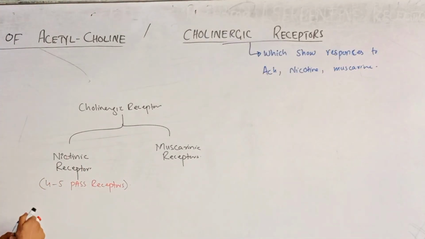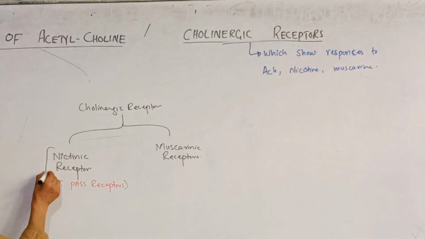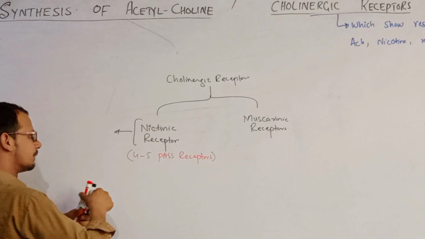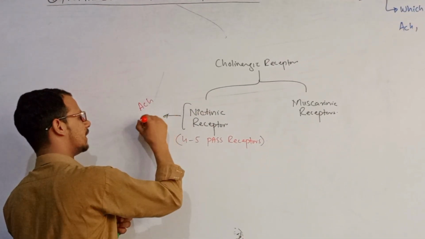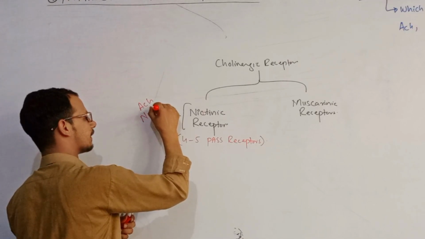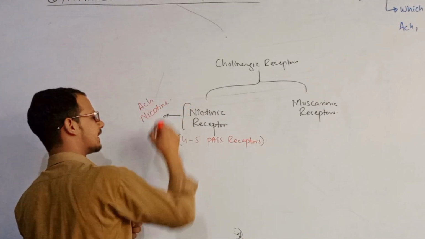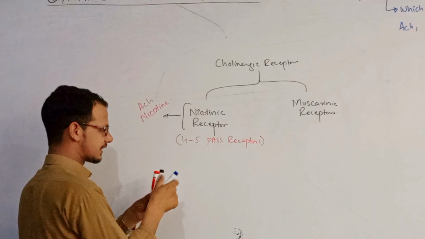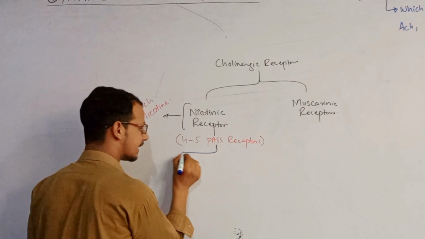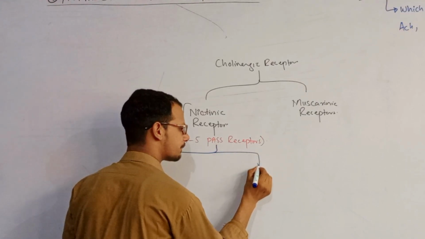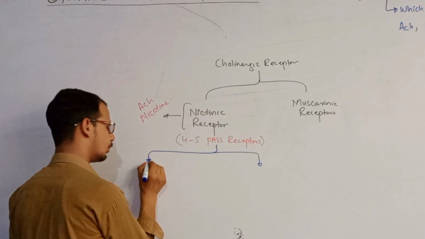These nicotinic receptors respond to acetylcholine or nicotine and are present at two sites, and on these sites we have divided these nicotinic receptors into two types.